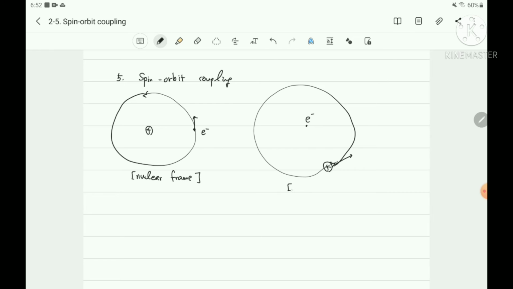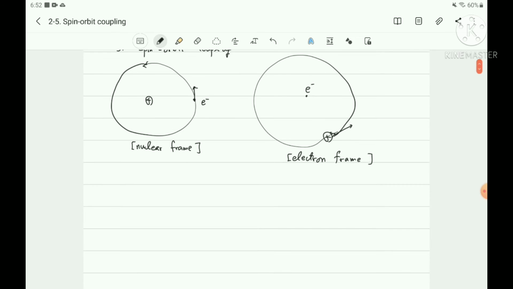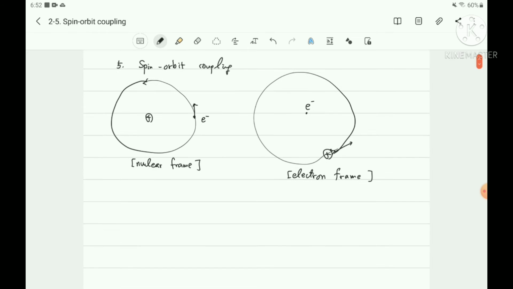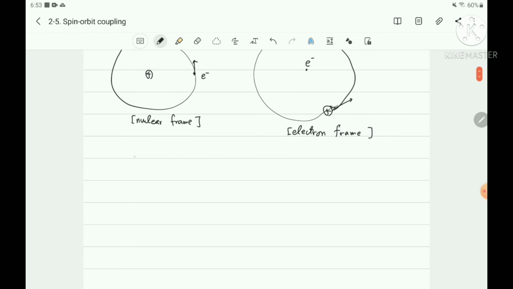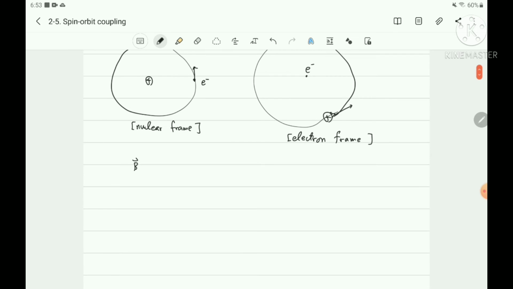Also in the electron frame, the nucleus orbits around the electron, and the electron does not move. Therefore the atomic nucleus revolving around the electron gives rise to a magnetic field, like this, for example.